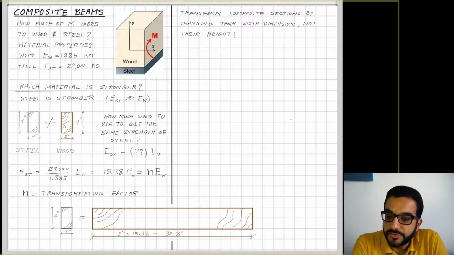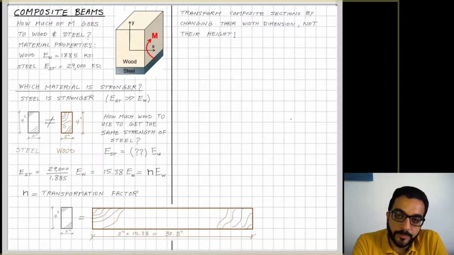So one thing here is I'm not transforming from steel to wood by expanding the height. Because remember, our goal is to have the same strain. You have to have the same resistance to bending, which is achieved by the same equivalent EI value.